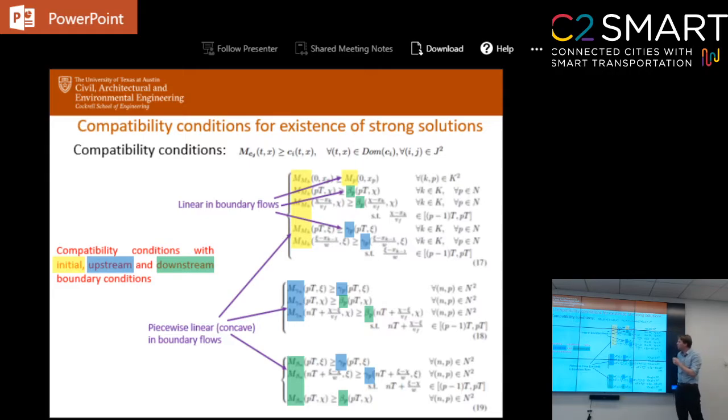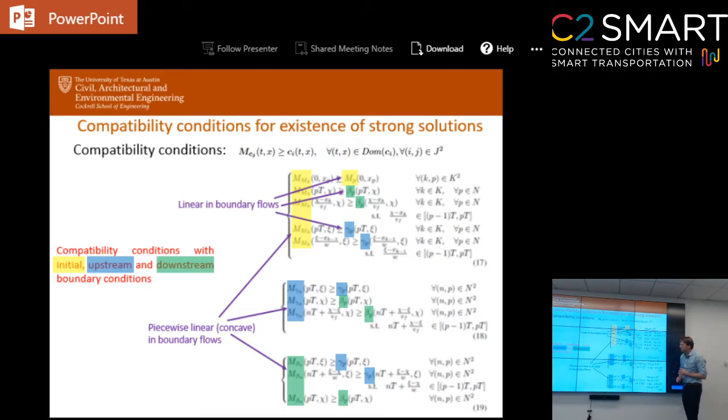These constraints appear to be very complex, but it's very interesting to notice that in fact all these functions are linear. The functions on the right-hand side are linear in terms of the boundary flows, and the functions on the left-hand side are actually concave in the boundary flow.